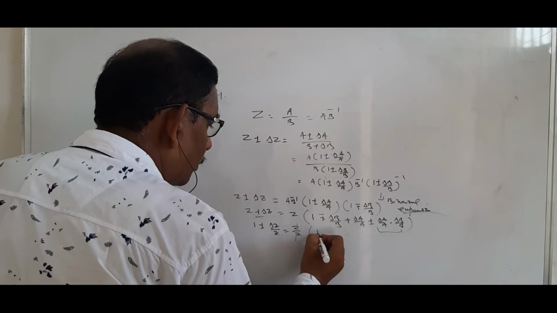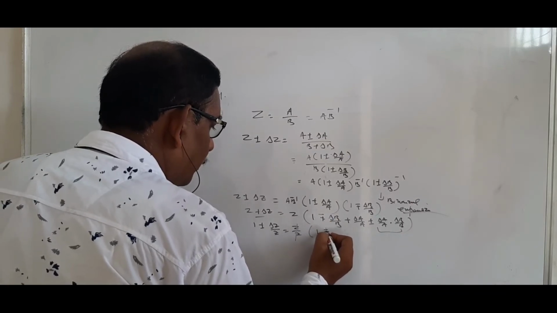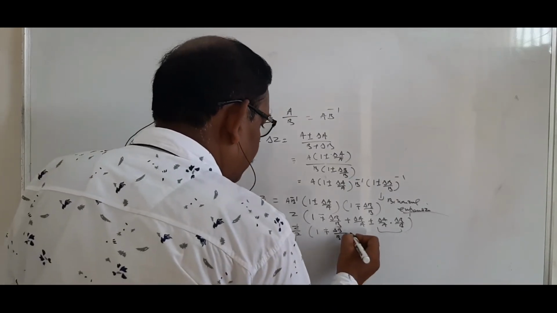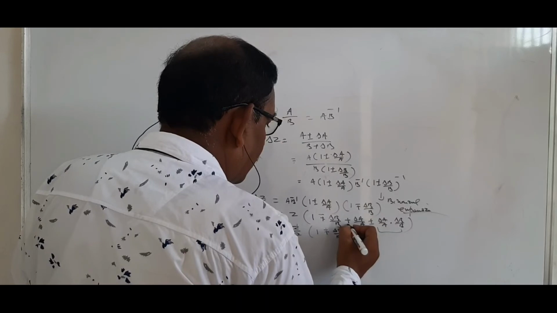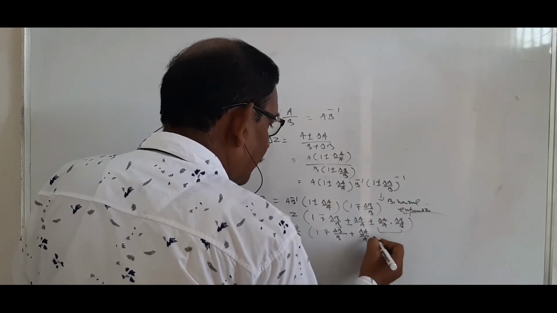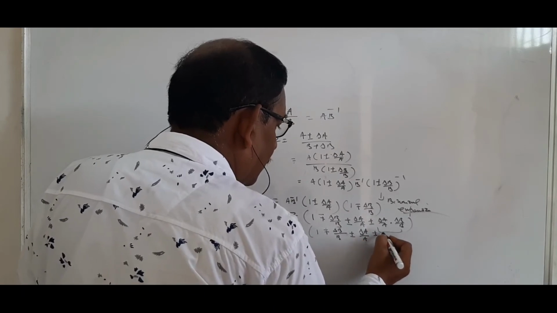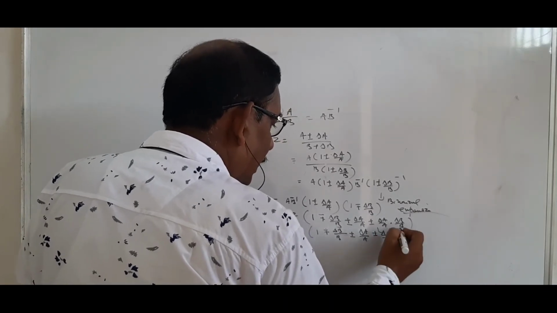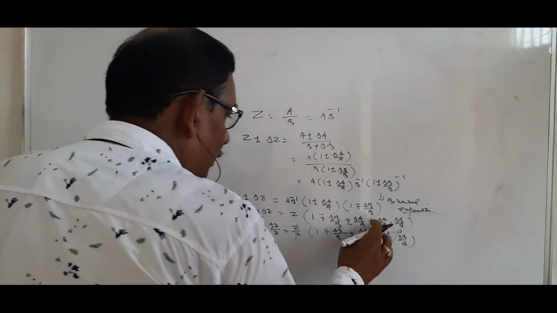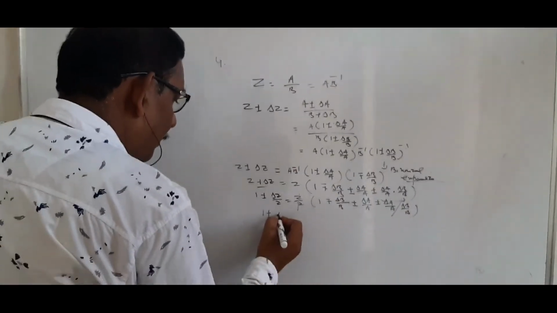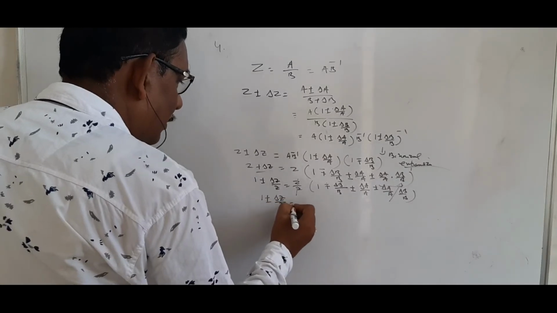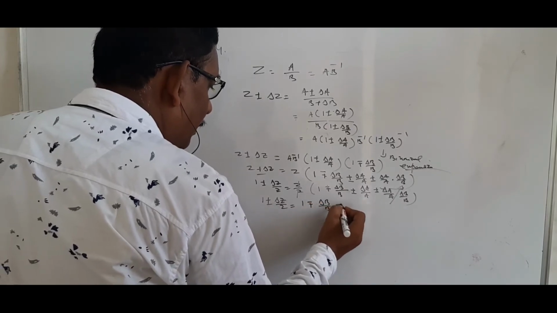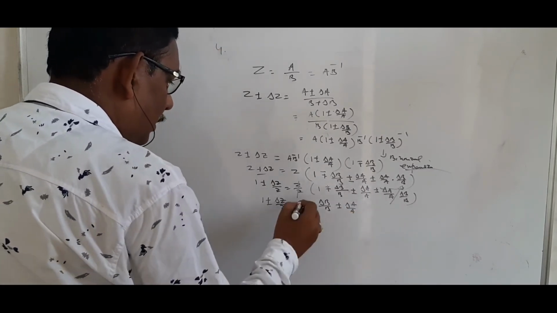This is 1 minus plus delta B by B, that is your plus minus delta A by A plus minus delta A by A delta B by B. Neglecting this value, it became delta Z by Z, 1 minus plus delta B by B plus minus delta A by A. You also cancel it out.